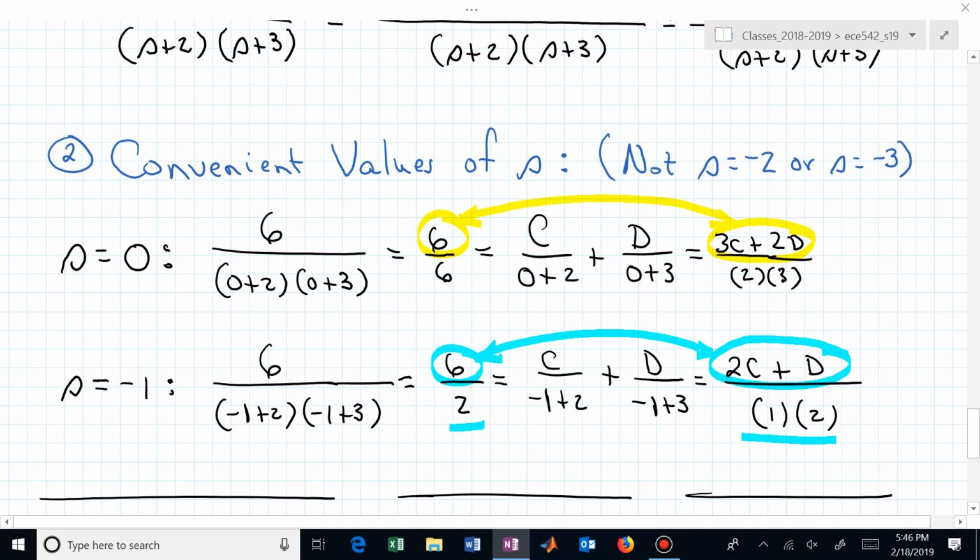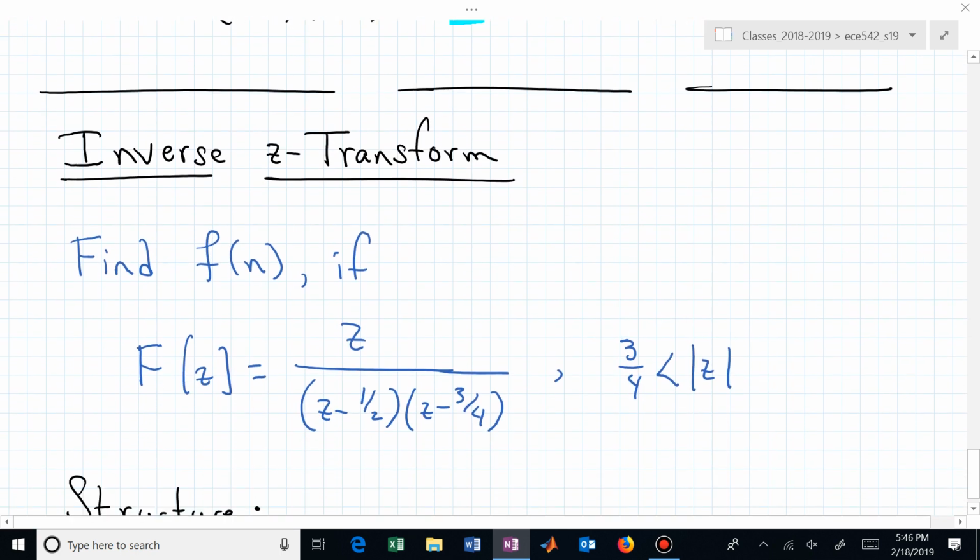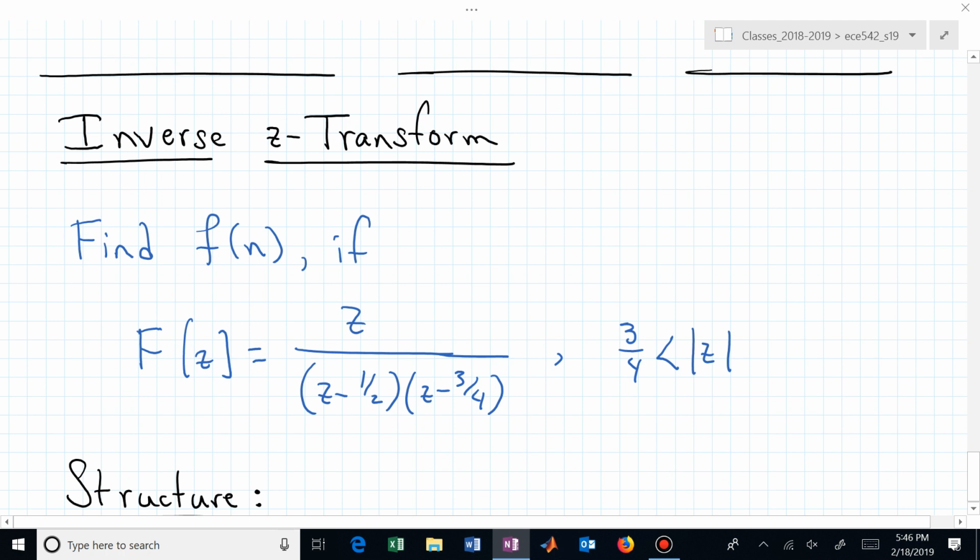Now when somebody says Z transforms, you're back here in this classroom thinking about time sequences in discrete time. So let's look at what we can do if somebody now gives us a capital F of Z of this form and says, what's little f of n?